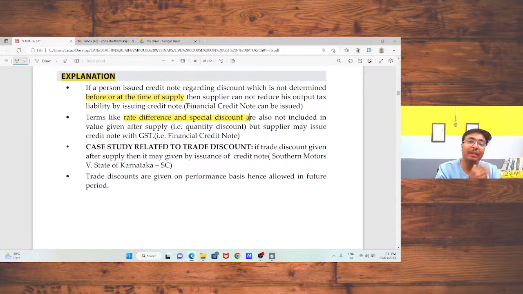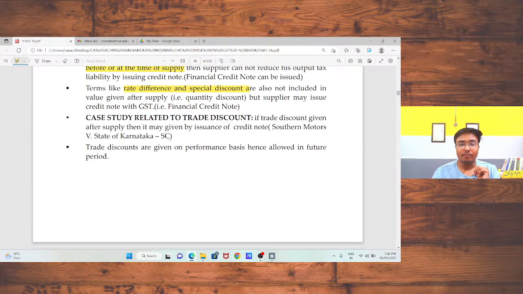Post supply, I decided that the rate should be 11.50. In that case, 0.50 is my rate difference. For that purpose, I am going to issue the credit note. In that case, the term was not decided at the time of supply or before the supply. So one needs to issue the financial credit note, where he may adjust the taxable value, not the CGST, SGST, IGST. Okay.